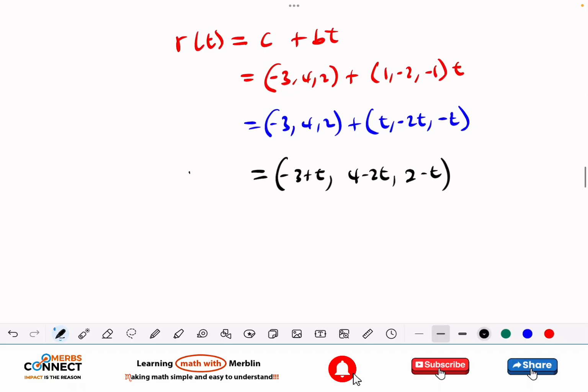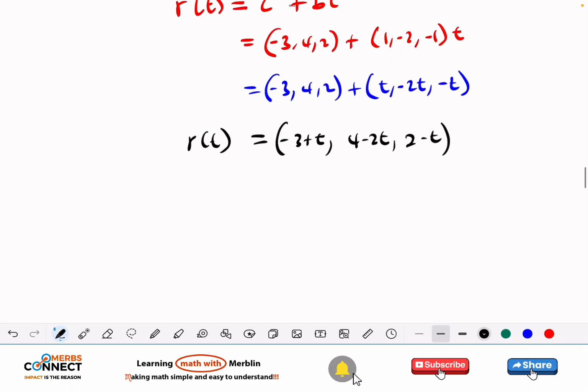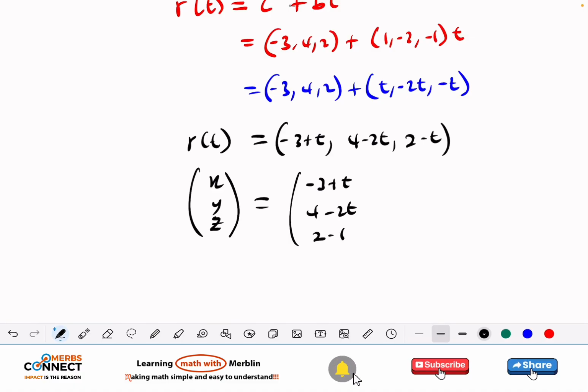Don't forget, r of t can also be written as x, y, z in vector form. And this one too can be written as minus 3 plus t, 4 minus 2t, and 2 minus t.